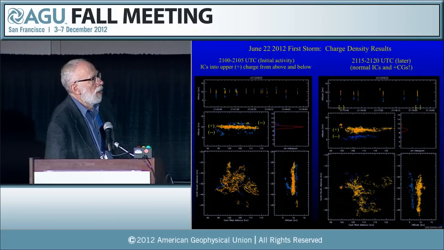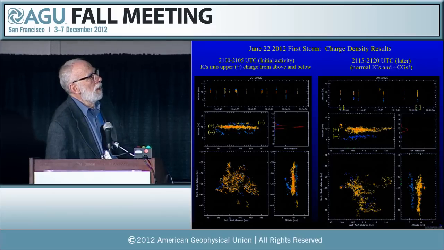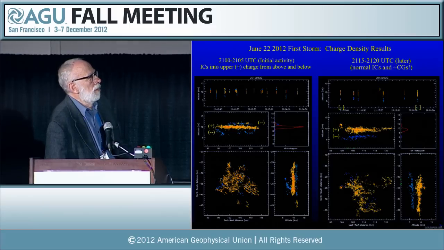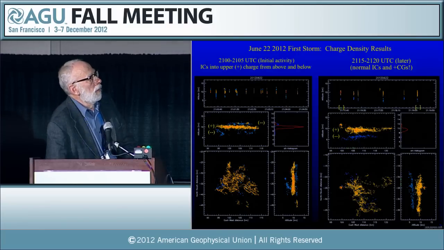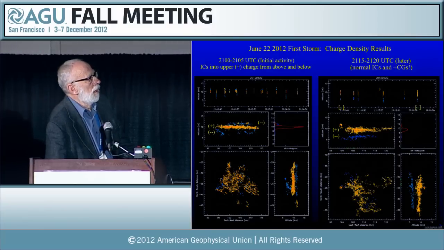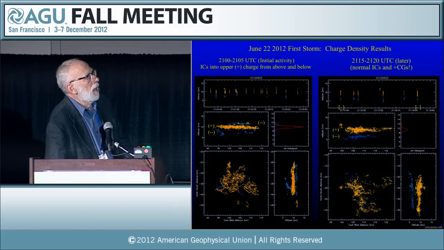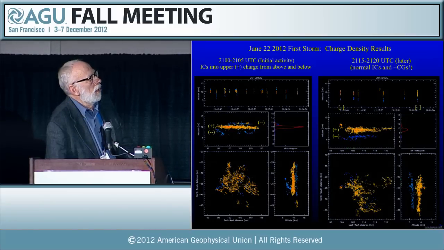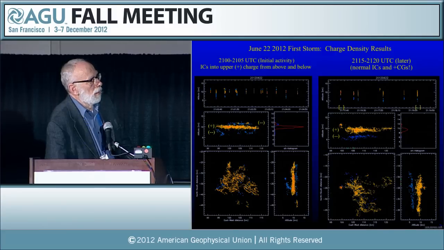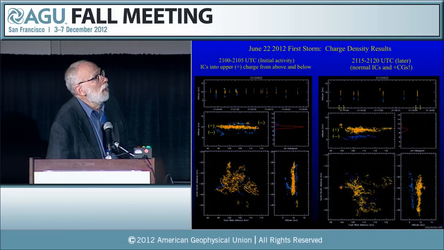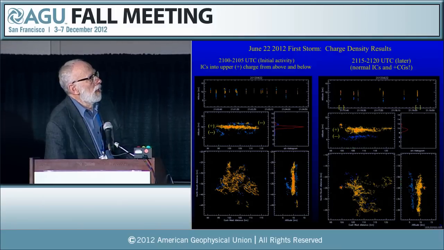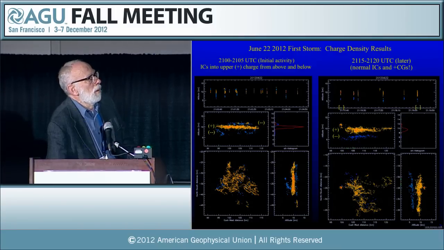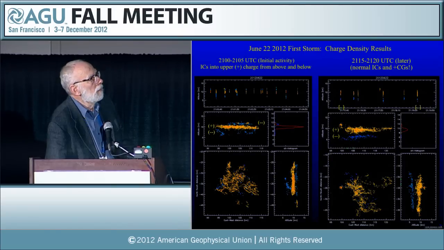Namely, it's got essentially a positive dominant charge in the middle, the orange sources, if you look at the vertical cross section on the left-hand side, with negative charge above it and negative charge below it. And that's at the very beginning of the storm, and then the right-hand side is about 10 minutes later, showing that the lower dipole was active.